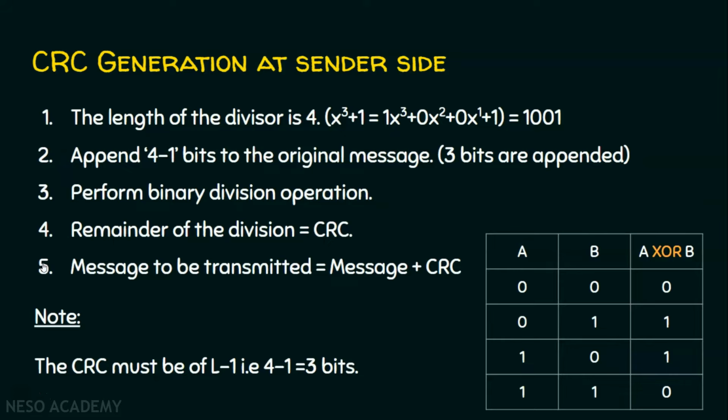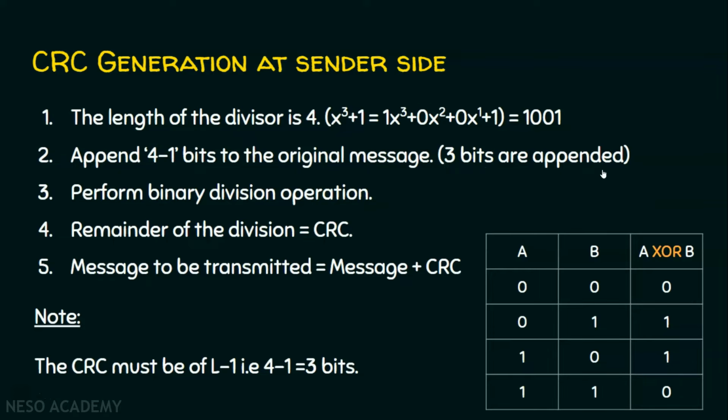And then the last step is, the message that should be transmitted is the original message given in the question, and whatever we get as the CRC, that is the remainder, is appended to the original message. And we are required to make a note of one very important thing. The CRC code must be of L-1 bits. Here L-1 is 4 minus 1, so the CRC code will be of 3 bits because we have appended only 3 bits to the original message.